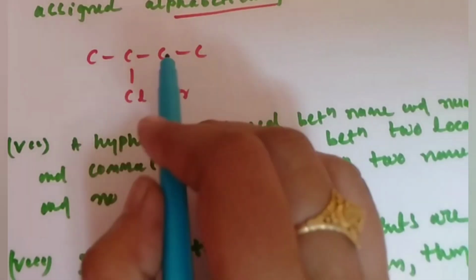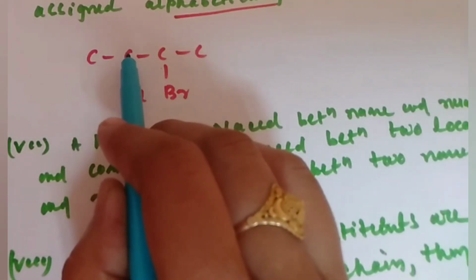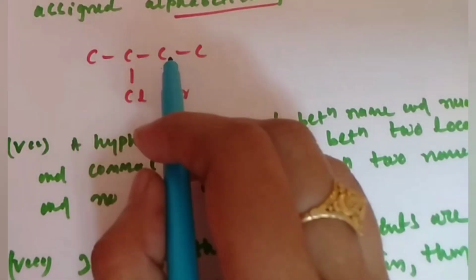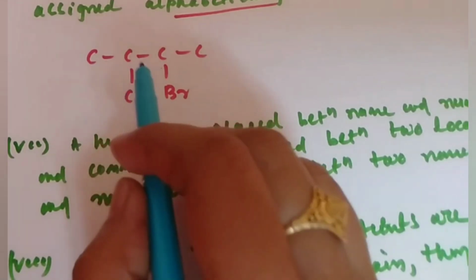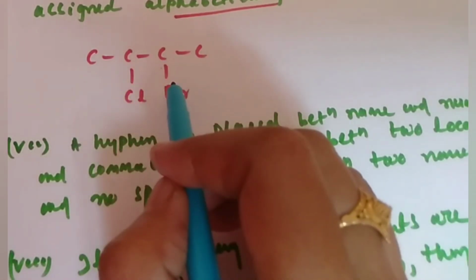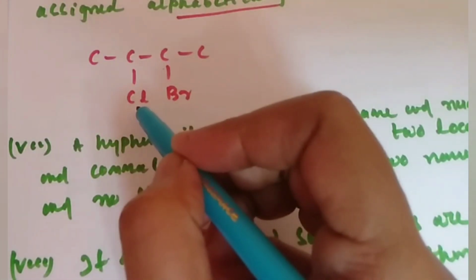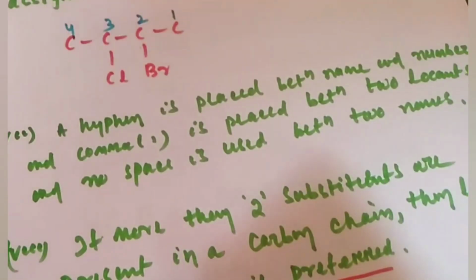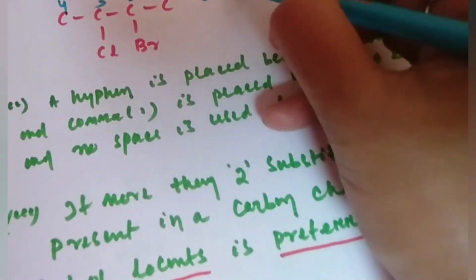So in 2 position chloro, in 3 position bromo. So the substituent position 2 and 3. But if I proceed from right to left, then also the position is 2 and 3. So in which way you have to proceed? According to the alphabetical order, because chloro starts from C, bromo starts from B. So we have to proceed 1, 2, 3, 4. Okay, alphabetical order is the right.